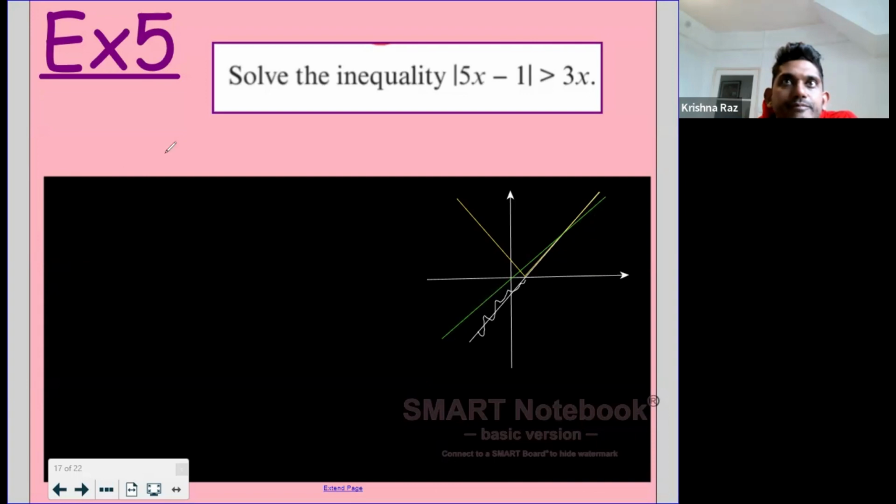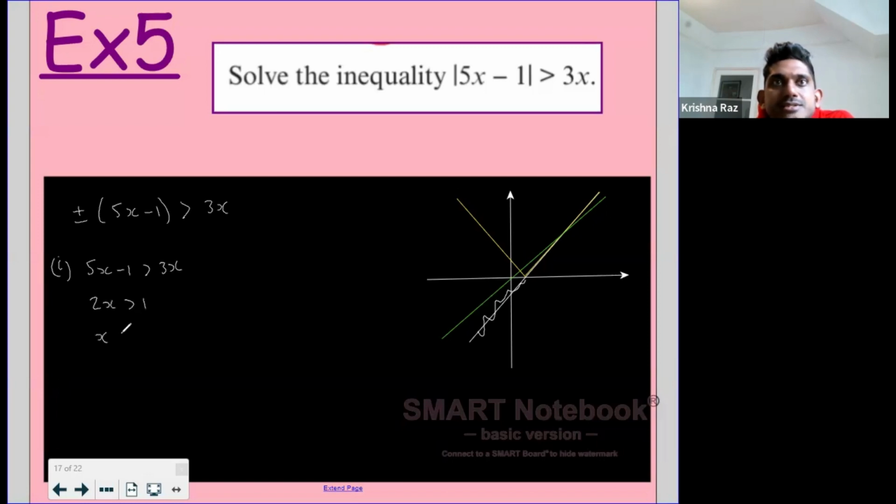Now let's solve it. So plus or minus 5x minus 1 is greater than 3x. So let's take the positive root first. 5x minus 1 is bigger than 3x. So 2x is greater than 1. So x is greater than a half.